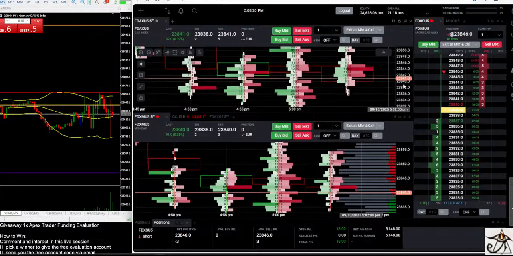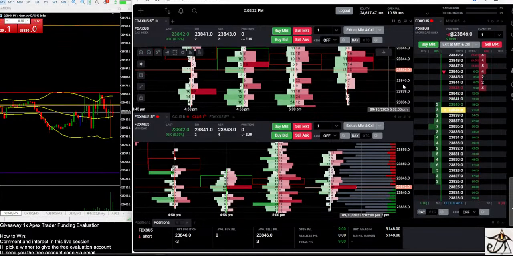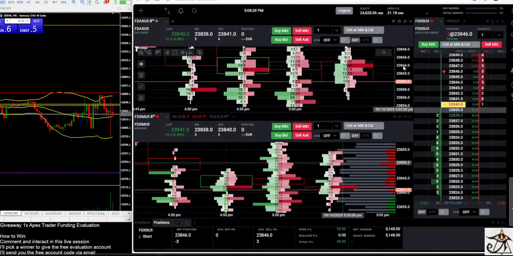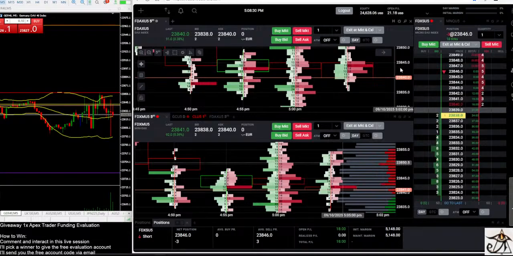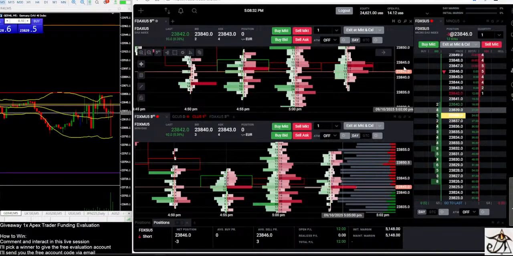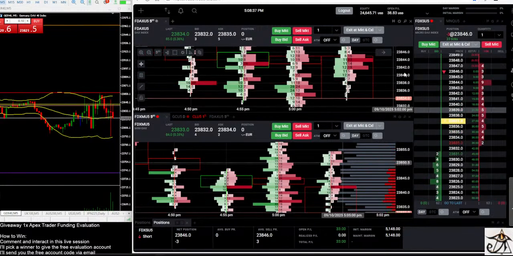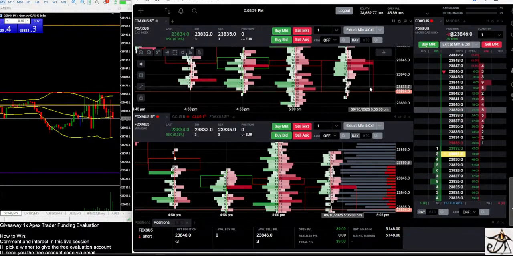I can't remember how much it is. I think it's about $20 odd per month, but it does give you all of this order flow across these markets. And for Apex, it gives you access to trade that market, because without it, you can't actually interact with the market on the Apex account.